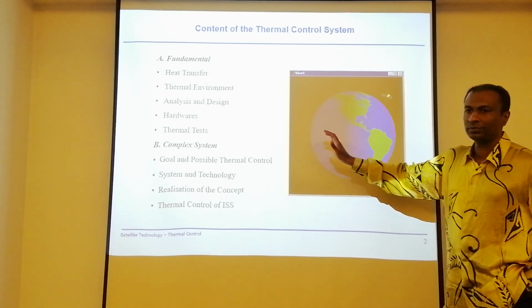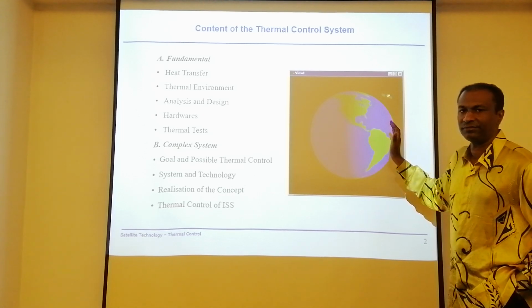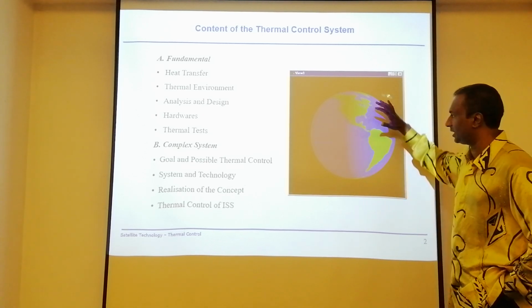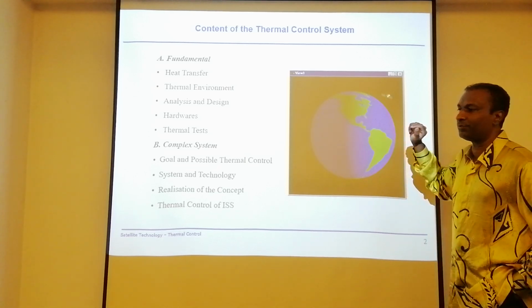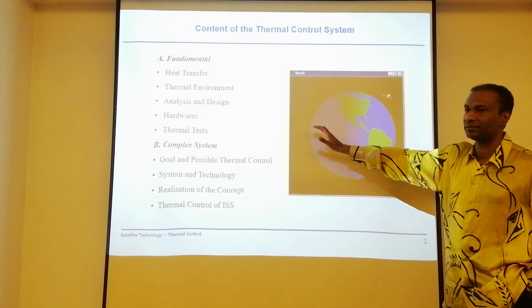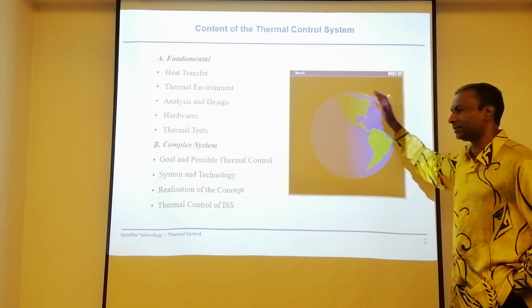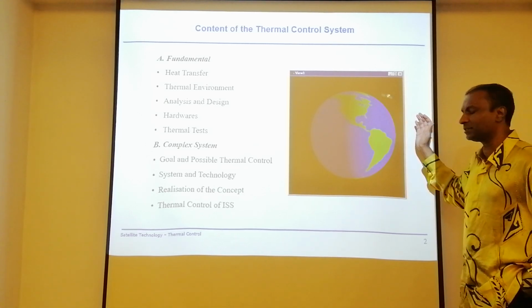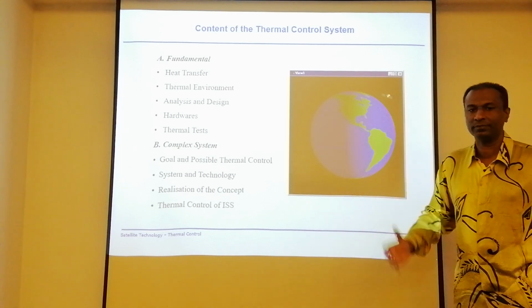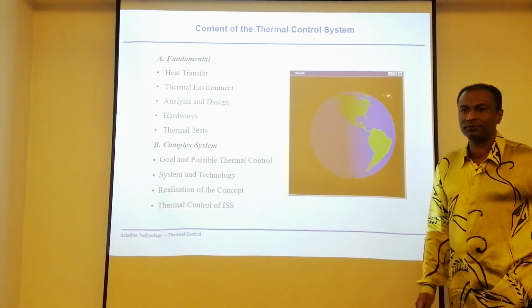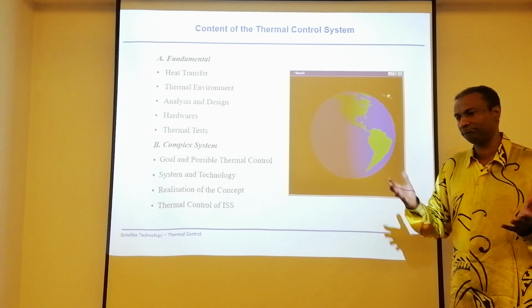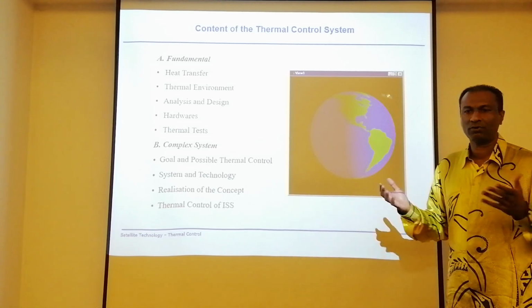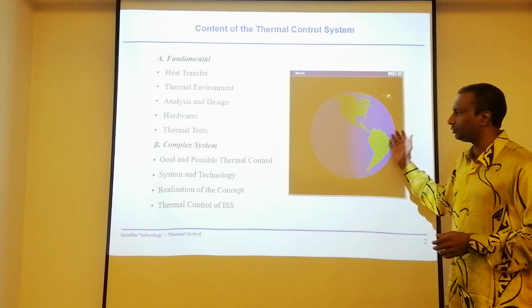Typically, there will be two very visible conditions: the sun phase and the eclipse phase. As you can see, when the satellite moves into the eclipse phase, it gets very cold, and when it comes back to the sun phase, it is going to have a hot environment. So therefore, there's a cyclic effect of hot and cold throughout the orbit.